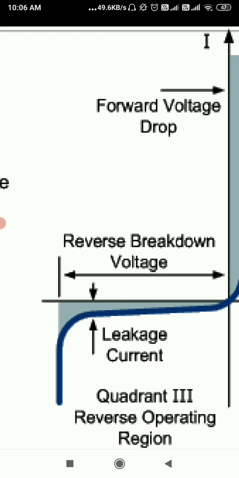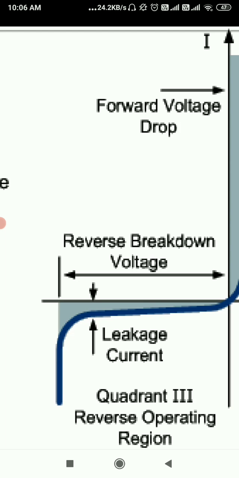So when we are giving negative supply to the PN junction diode, what is happening? The width of the depletion region बढ़ रहा है, due to which very less amount of current will flow, and that current we can say as a leakage current or a reverse saturation current.